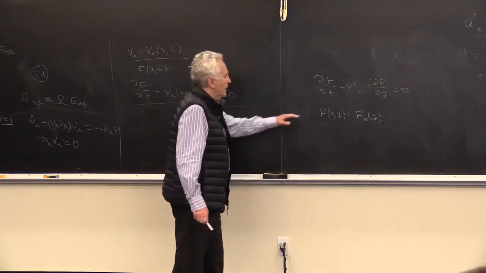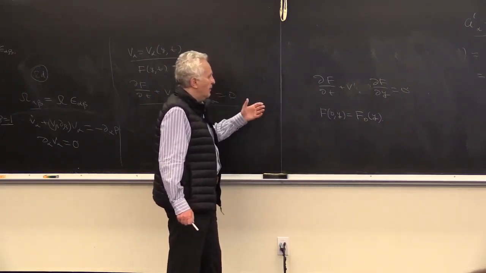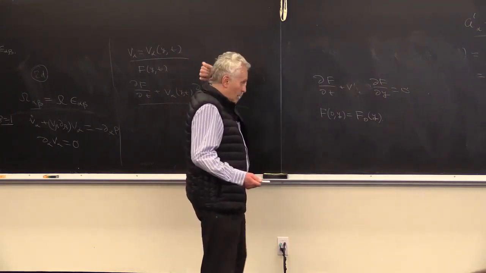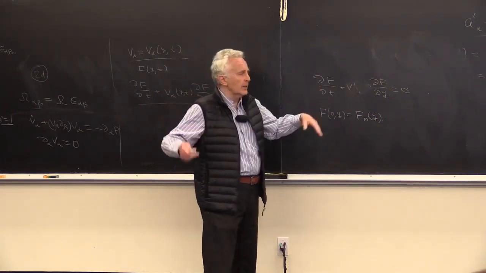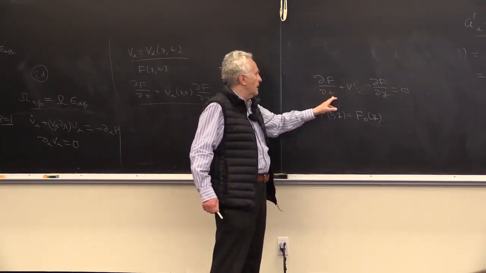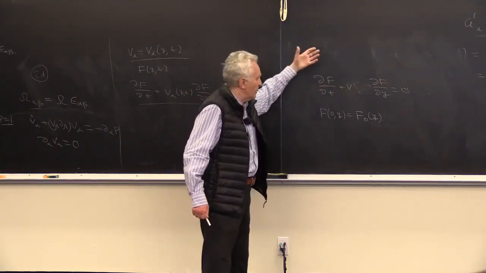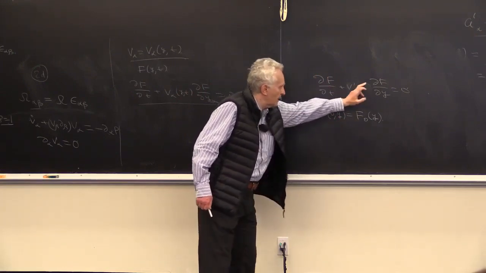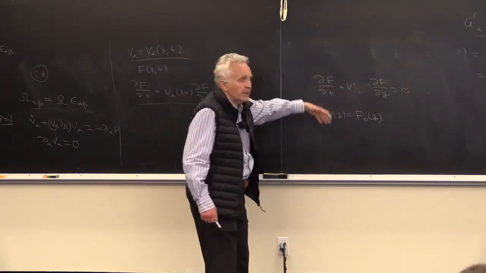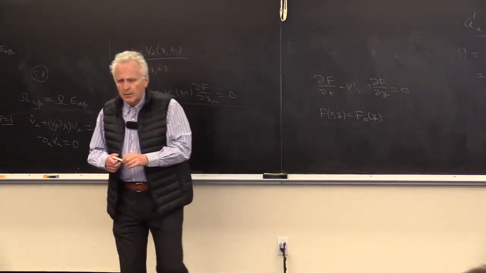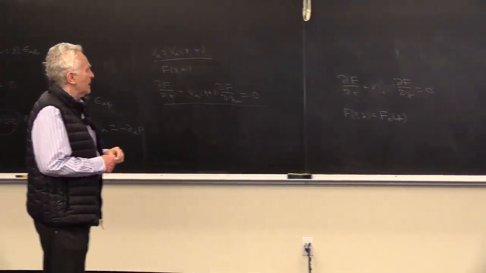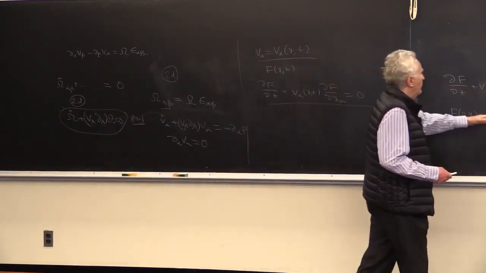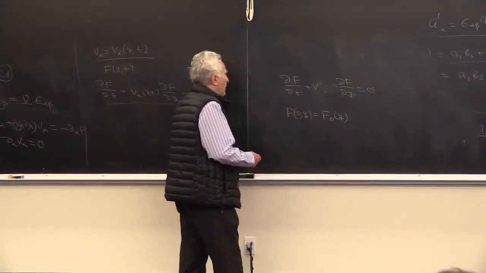So we fix the initial value of the function f, and then, as I said many times, by Taylor expansion in time you can generate the first derivative. The first derivative is explicitly expressed, then the second derivative, and so on. So you do expect that the solution will be fixed if you fix the initial data.